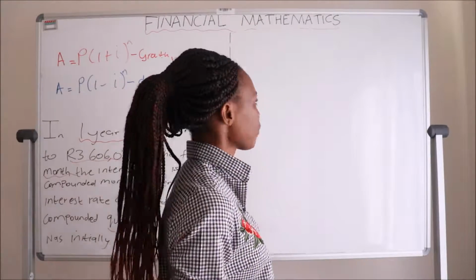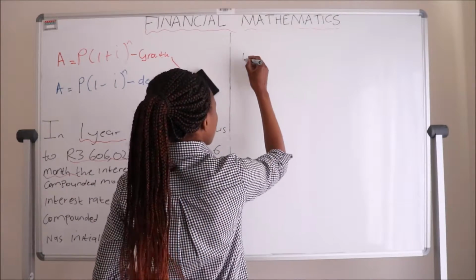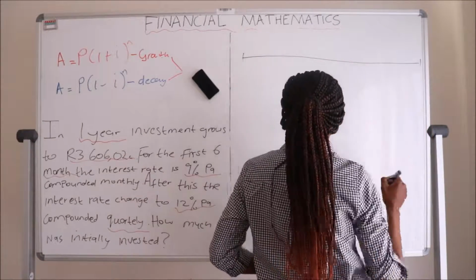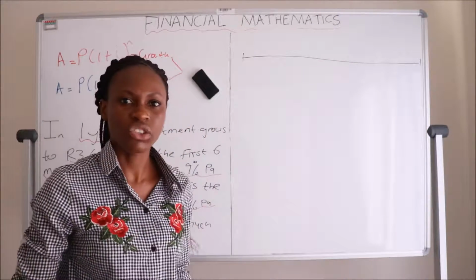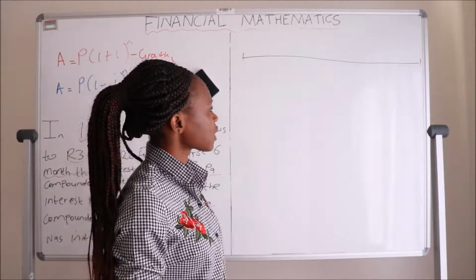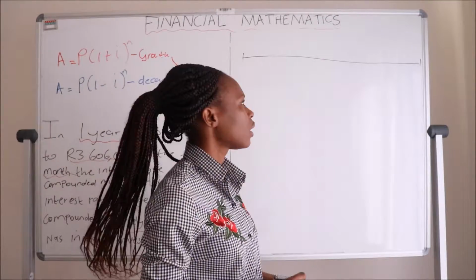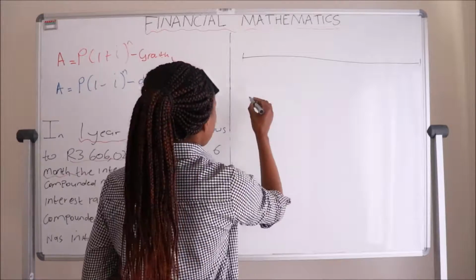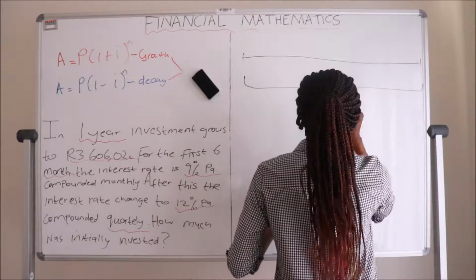Alright, as I told you guys, always draw a timeline with this so that you will always see the change in interest rates when you are dealing with this type of question. I won't draw interest gain and I won't write a lot of information on it. I'll just show you guys that. Let's take this, it's 1 year.